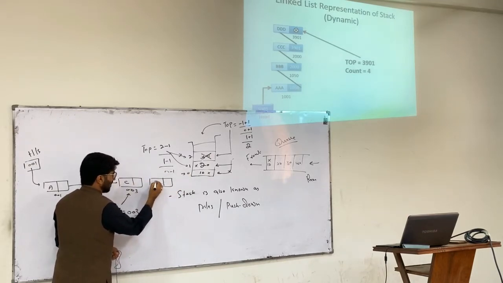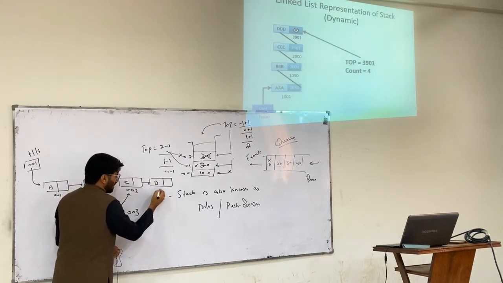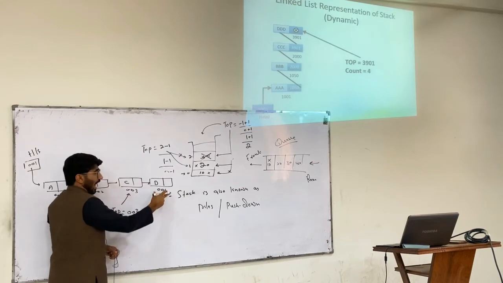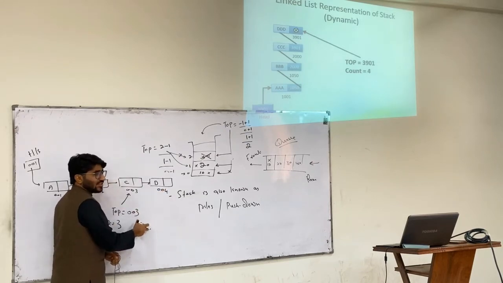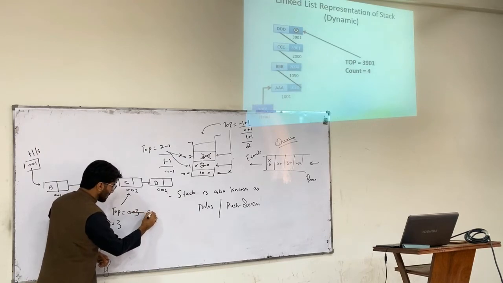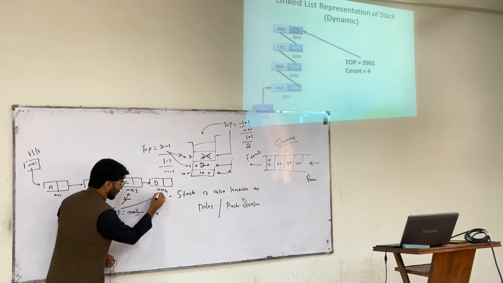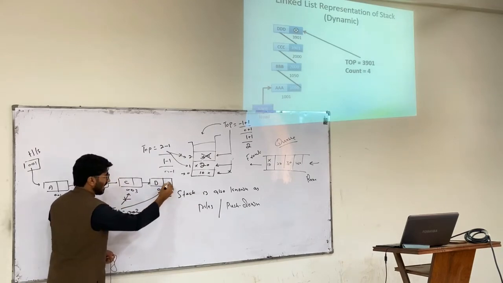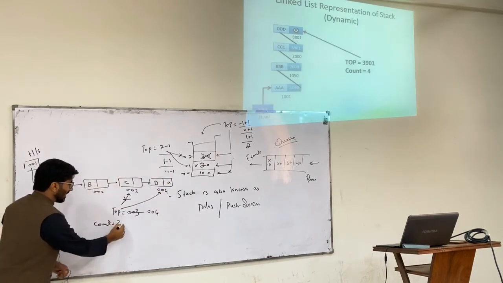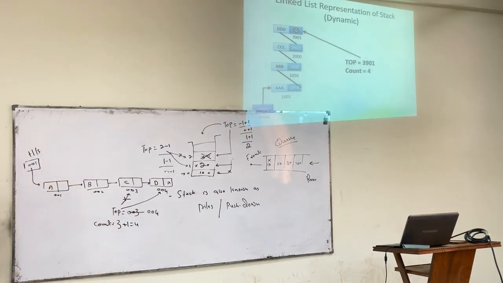Let's suppose D, it has been connected. The address of this node can be 004. After inserting, the top will change. So now your top will be 004. It will not point to this one, but it will point to 004. Okay, this is null. Your count will be increased by 1. This is how it happens. Got it?